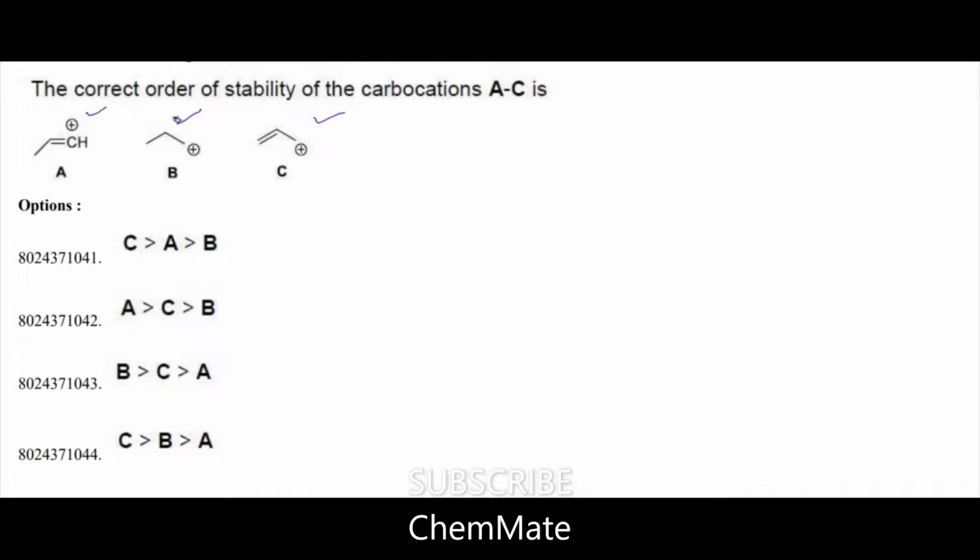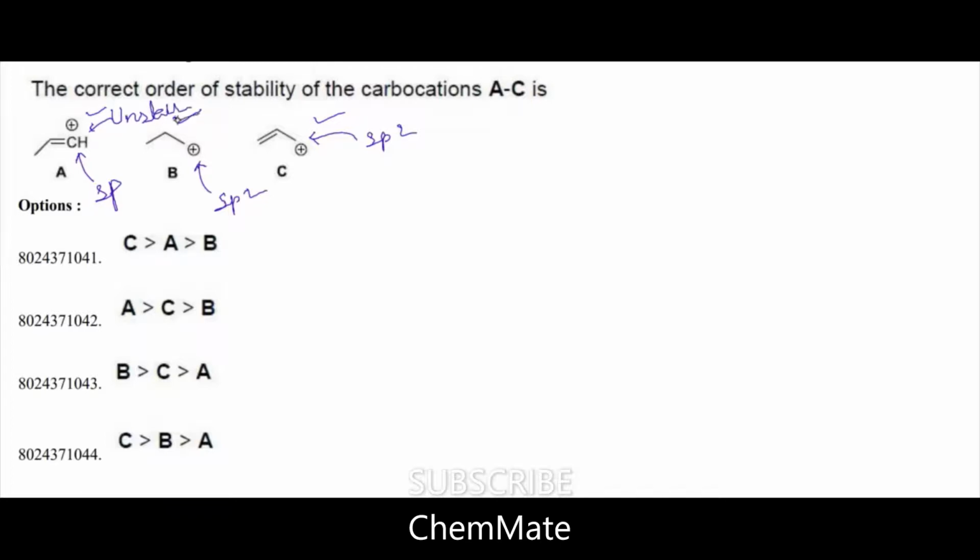Now between these three, this carbon has hybridization sp2, this carbon has hybridization sp2, and this carbon has hybridization sp. Now sp hybridized carbon is much more electronegative than sp2 hybridized carbon. So a positive charge on a more electronegative atom is quite unstable. So this vinylic carbocation is unstable.